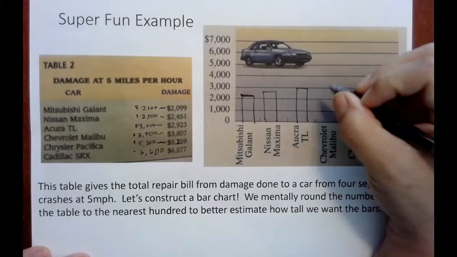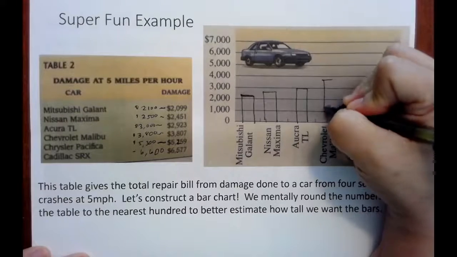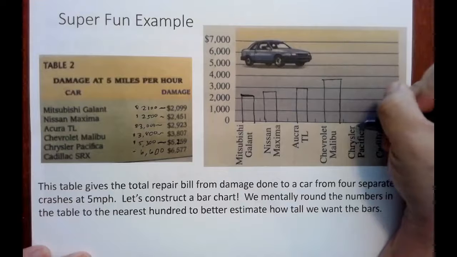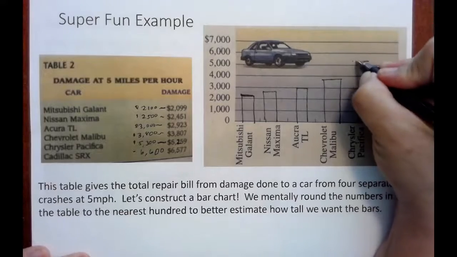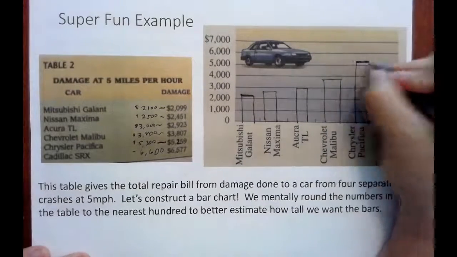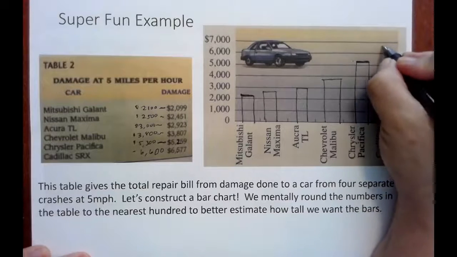The Chevy Malibu would be 3,800, so closer to 4,000 here. Okay, and we just create a bar. The Chrysler Pacifica, 5,300. That would be closer here to 5,000, right? Maybe even a little lower than that. Okay, and then the Cadillac is 6,600, so that'll be over here.